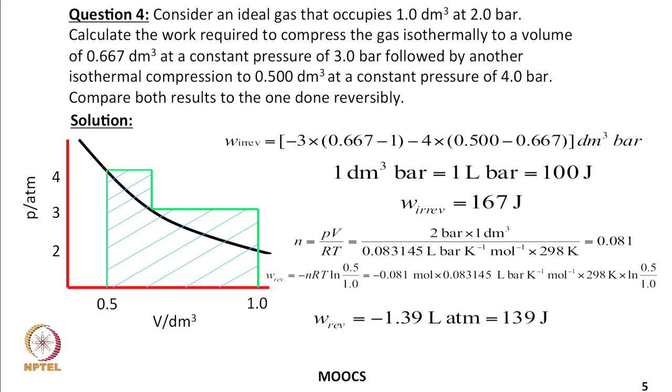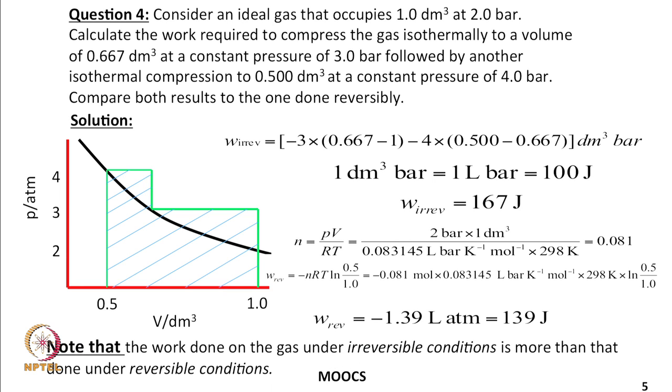And this is consistent with the discussion that we had, that when the gas is compressed, more work is done under irreversible conditions than that done under reversible conditions. And that is the conclusion written here on the slide, that the work done on the gas under irreversible conditions is more than that done under reversible conditions.